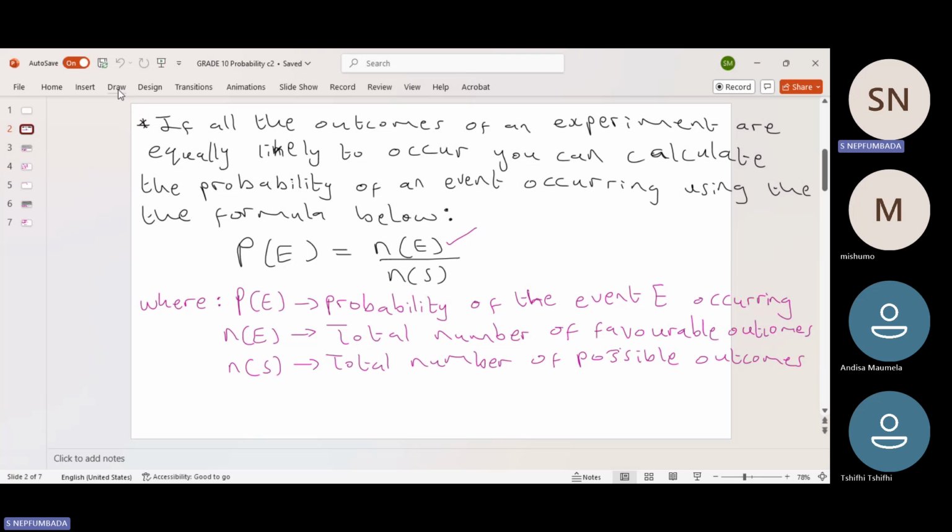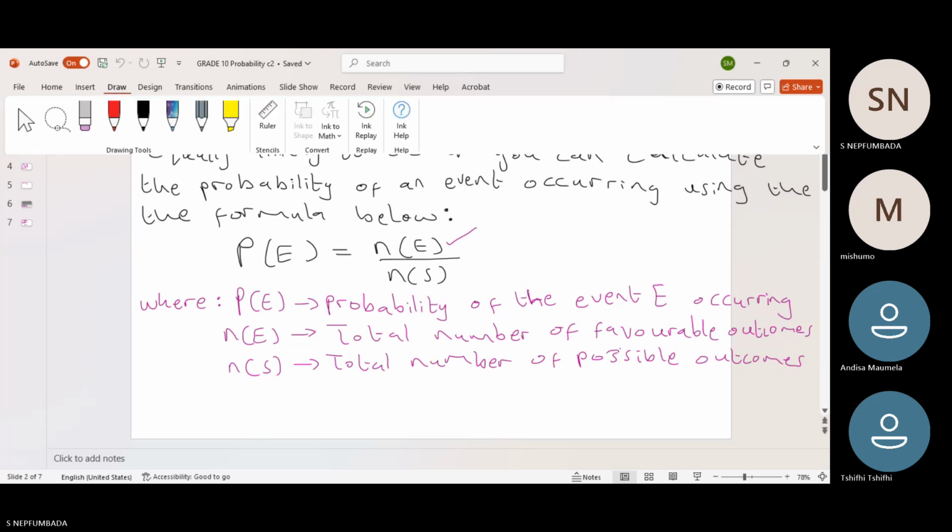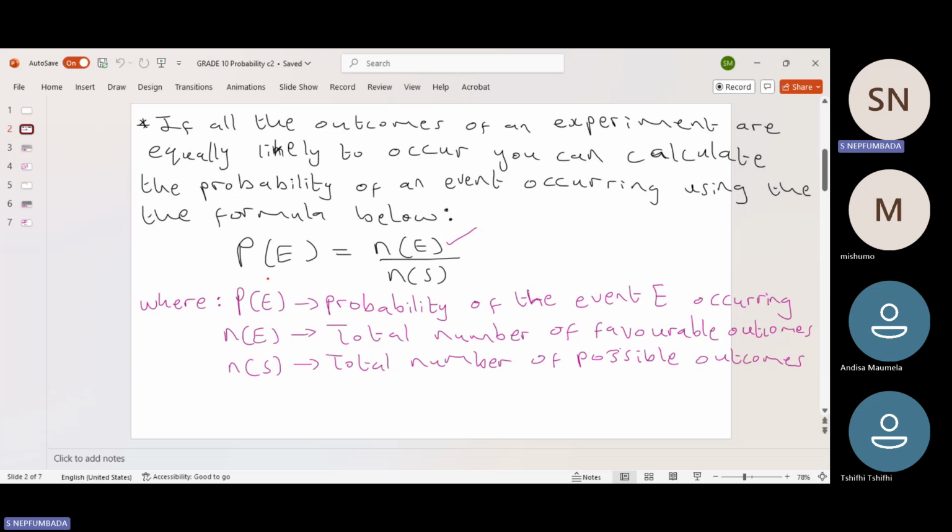P(E) means the probability of event E occurring. If we put A, P(A) would mean the probability of event A occurring, but now because it's E, we say the probability of event E occurring.